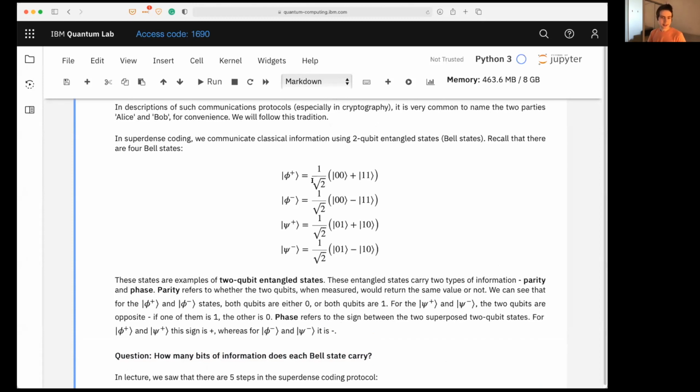In my opinion, the easiest way to think about a question that asks how many classical bits of information are contained in X is to think about how many possibilities there are. So if we know our 2 qubits are in a Bell state, there's 4 possibilities. And if we have some way to narrow that down and figure out that we are in this particular Bell state, that gives us sort of a 1 in 4 reduction in uncertainty, right?